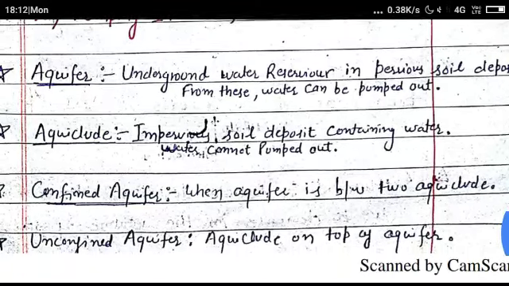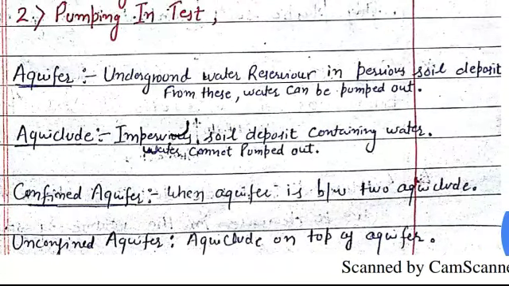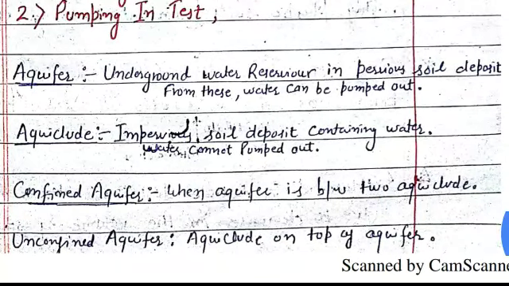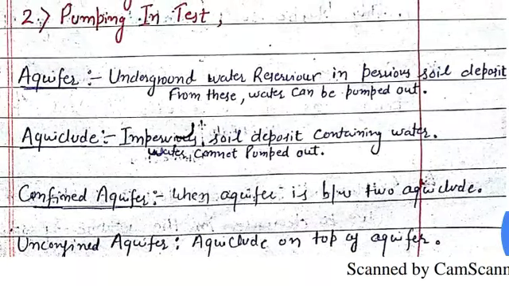Next one, confined aquifer. When an aquifer is between two aquicludes, that is known as confined aquifer. And aquifer is unconfined when aquiclude is on top of the aquifer.